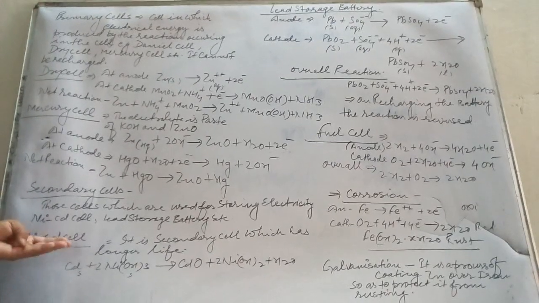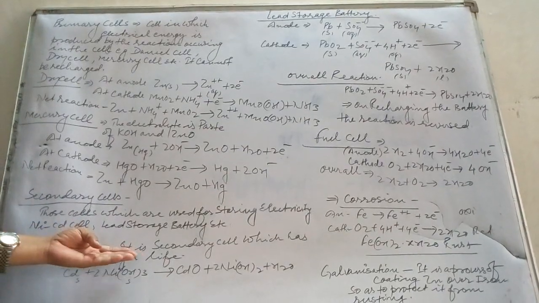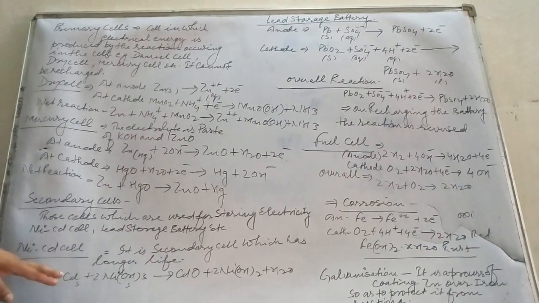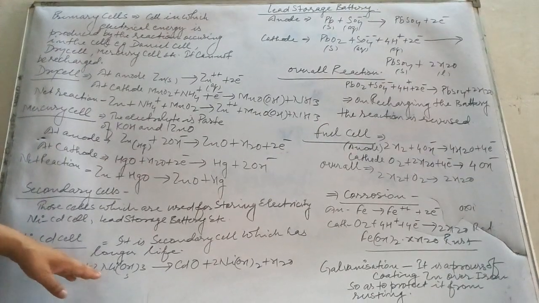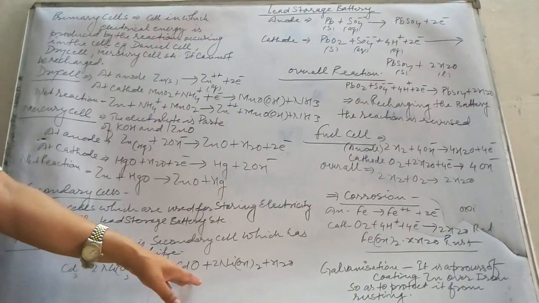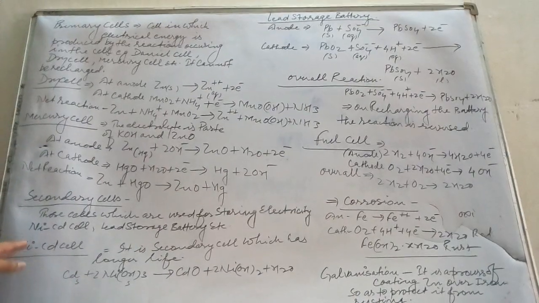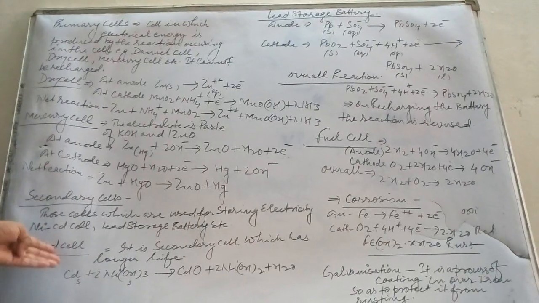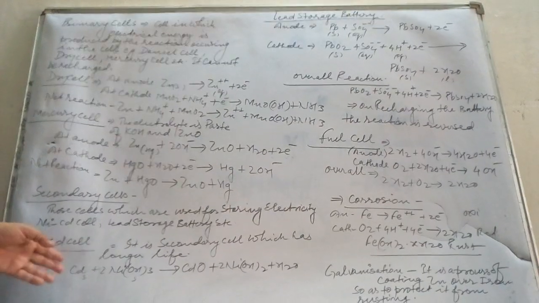The nickel cadmium cell is a secondary cell which has a longer life, and here the reactions are mainly: cadmium when treated with nickel trihydroxide gives cadmium oxide, nickel dihydroxide and H2O. Ultimately, the cell potential of the nickel cadmium cell is also more than 1.5 volt. It goes up to approximately 1.67 volt.